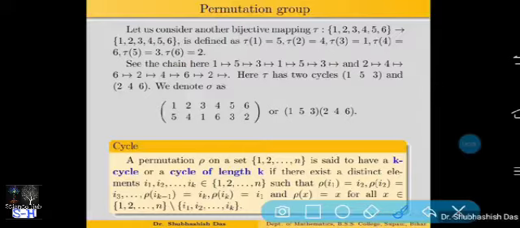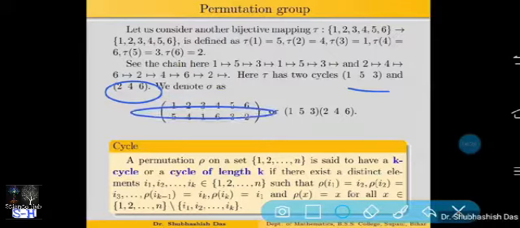In this case, tau has 2 cycles, right? One cycle is (1 5 3) and another cycle is (2 4 6). We denote tau as this or this.